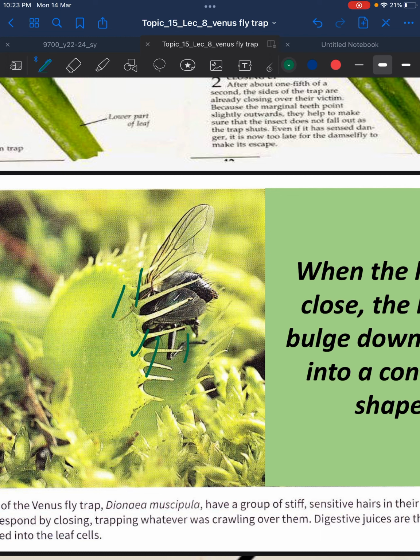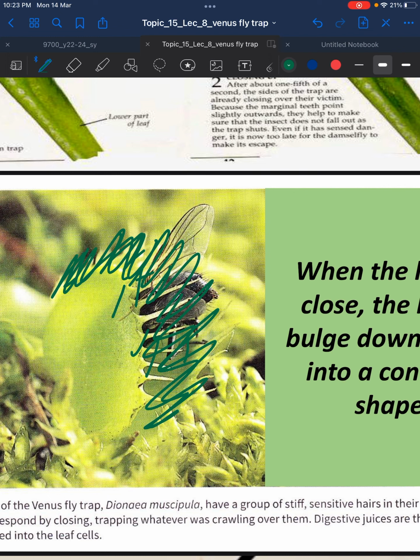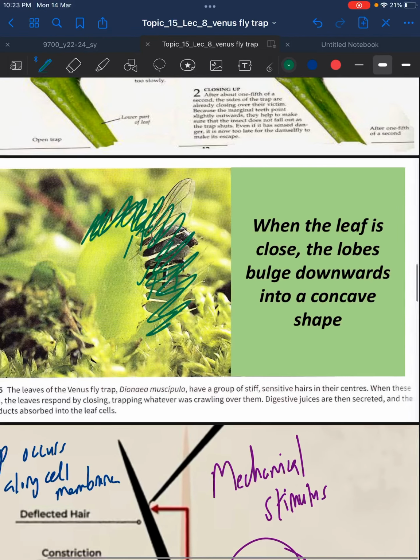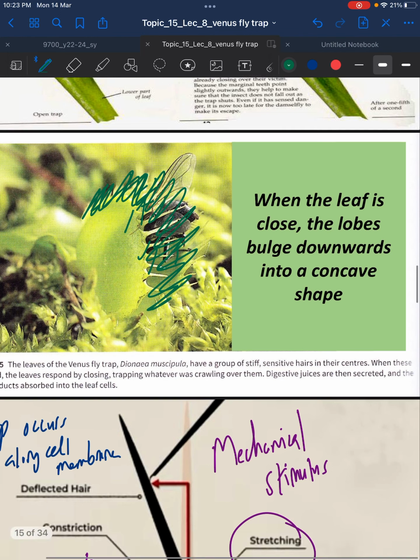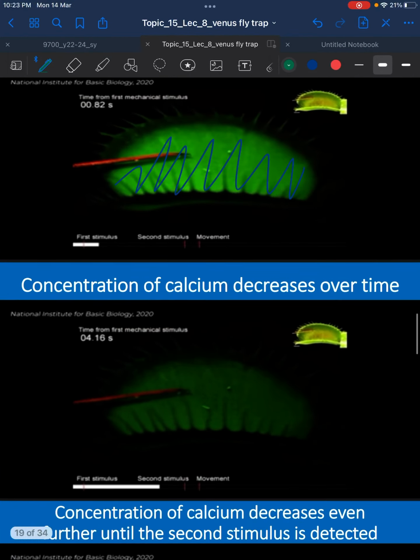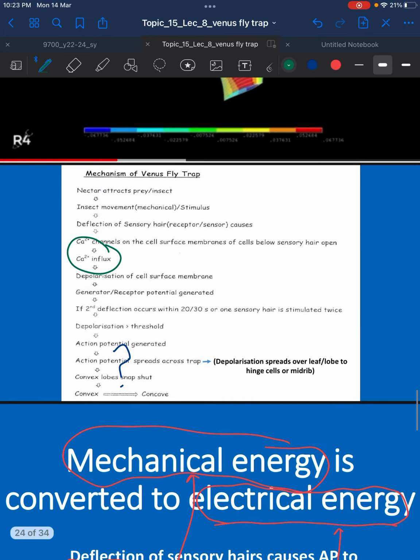That's when the cilia, or the stiff hairs, will interlock and close the trap. We close it completely. And that is what it's talking about here, the second stage.